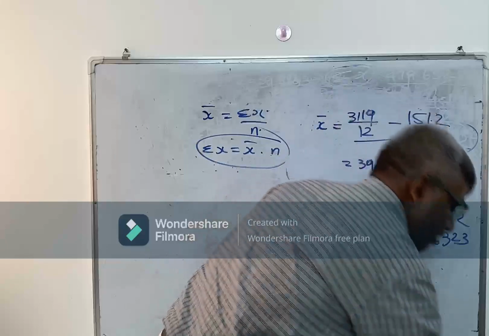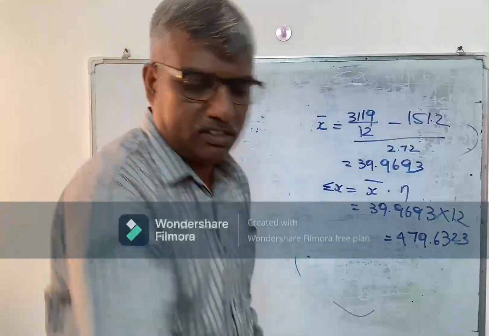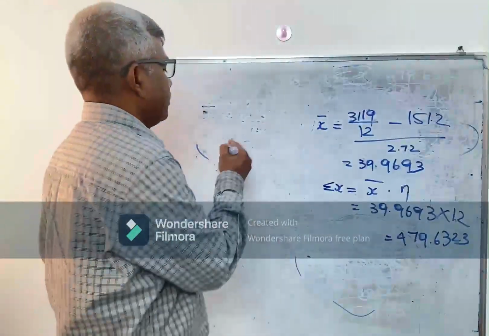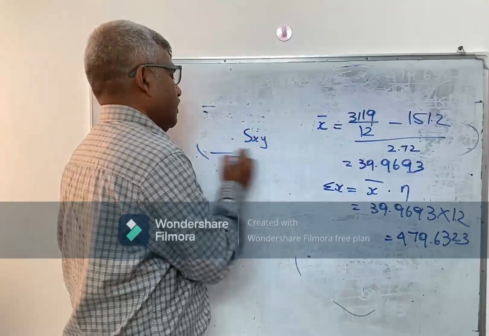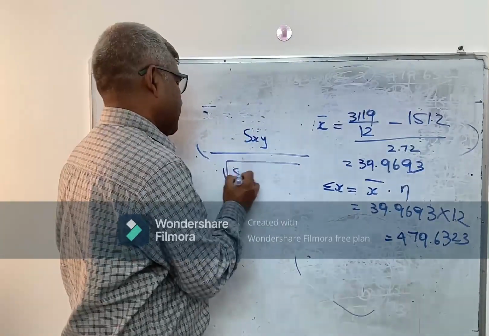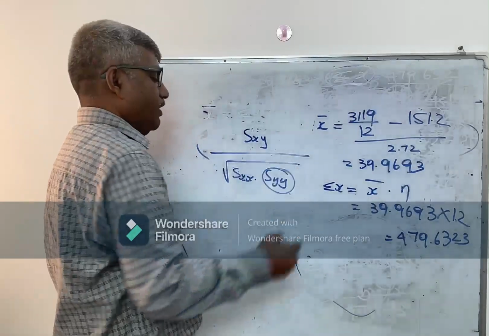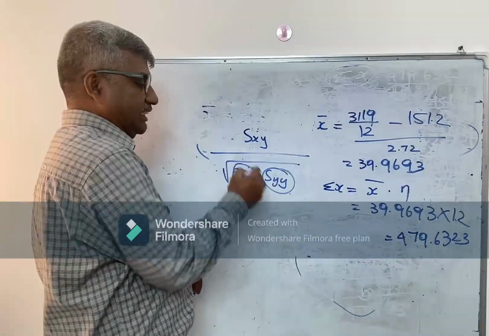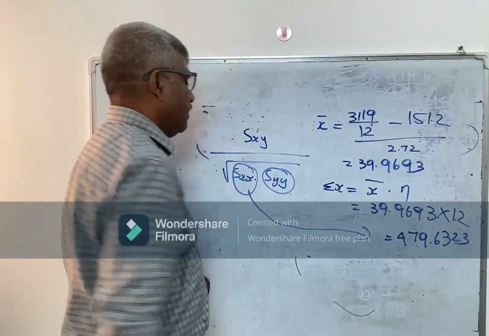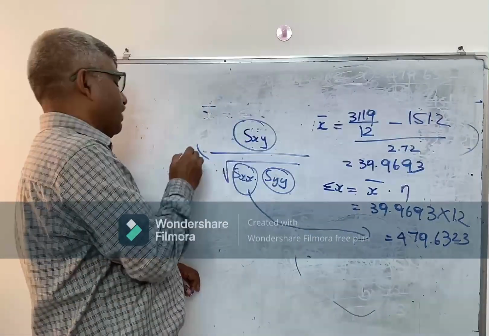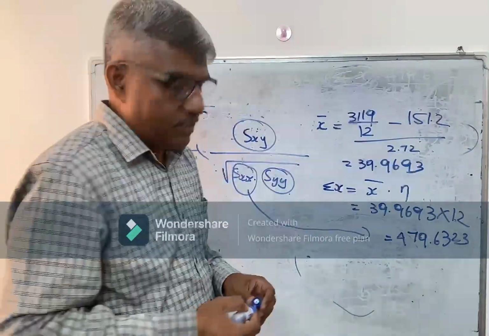So now for the product moment correlation, what is the formula? Sxy over the square root of Sxx Syy. Syy we found out very easily. Sxx we found out. Sxy we need to find out. What is the Sxy formula?